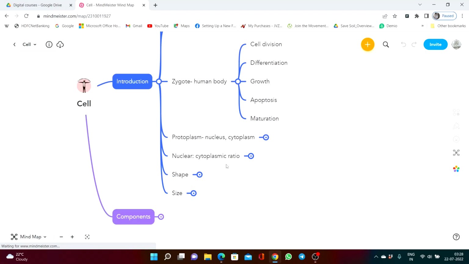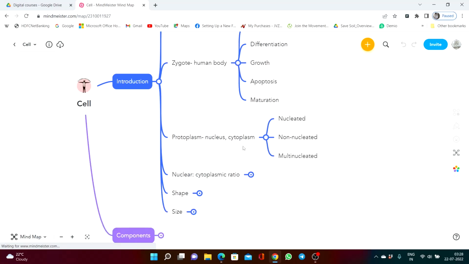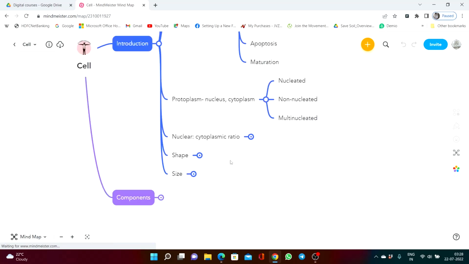Coming to the structure of the cell, we can recall protoplasm of a cell, which includes nucleus and cytoplasm. The cells can be nucleated, non-nucleated or multinucleated. The nucleus and amount of cytoplasm are different in different types of cells.